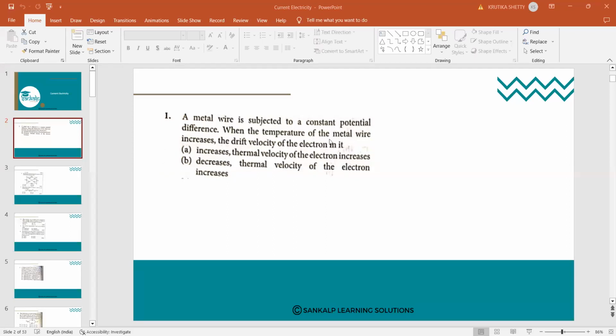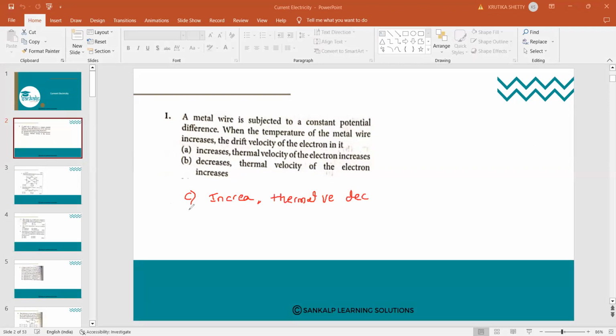The options are displayed here. The remaining two options I'll tell you. Option C is given as: drift velocity increases, thermal velocity decreases.